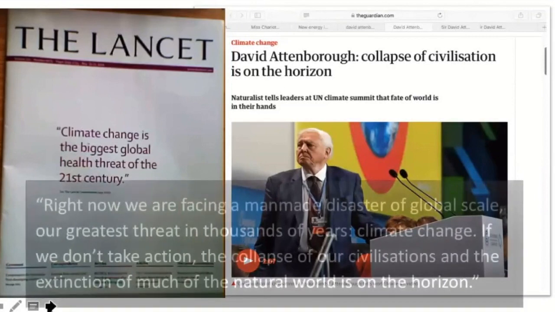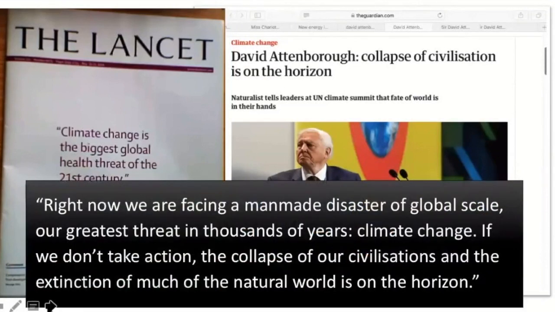And this is a quote from Sir David Attenborough, who's a very well respected and revered naturalist in Great Britain. He was speaking at the UN Climate Change Conference in Poland last November, December. He said, right now we're facing a man-made disaster of global scale, our greatest threat in thousands of years, climate change.